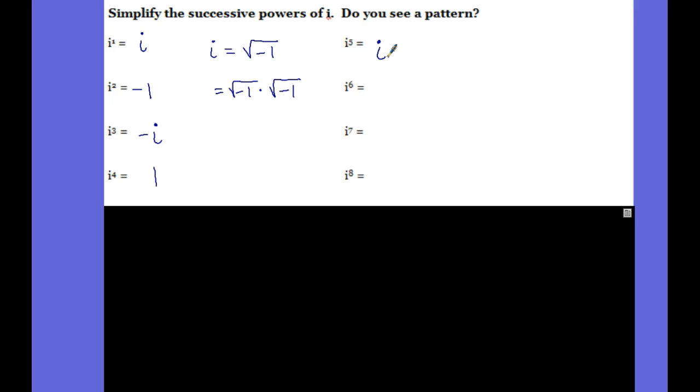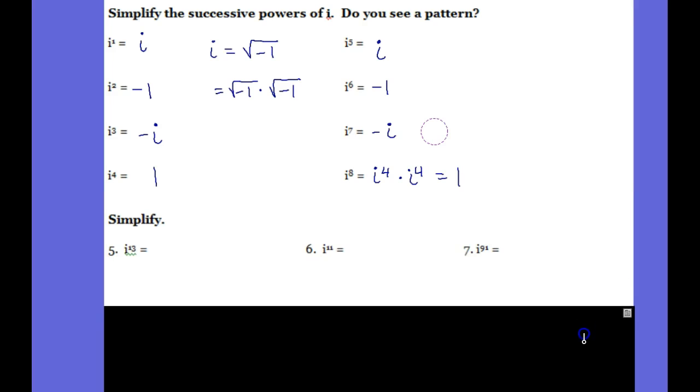So i to the 6th is going to become... i to the 7th is like... okay, i to the 8th is going to be like, because how do you get to 8? You add 4 and 4, right? So it's really like 1 times 1. Same with 7.